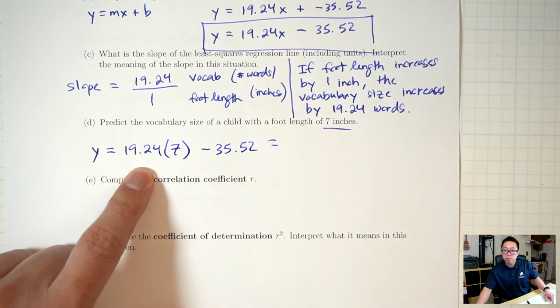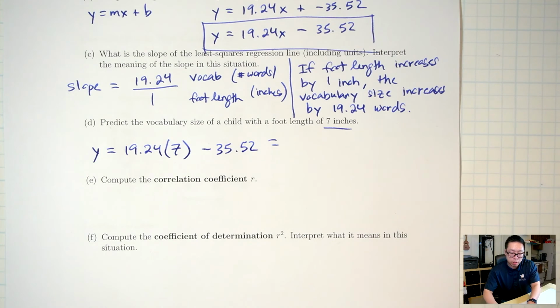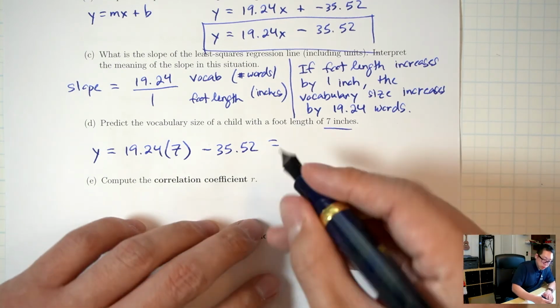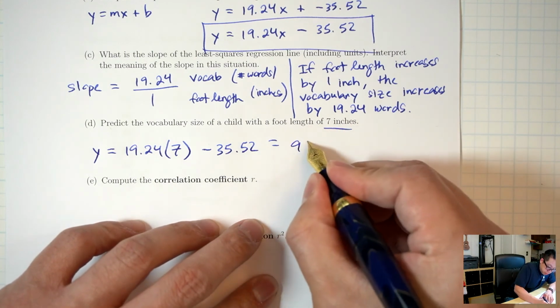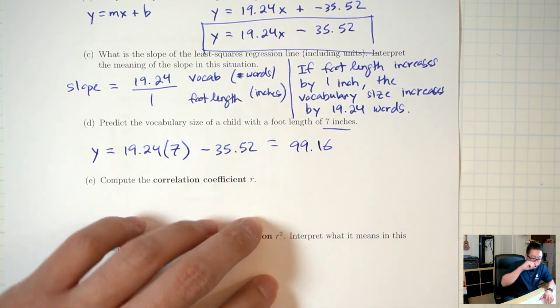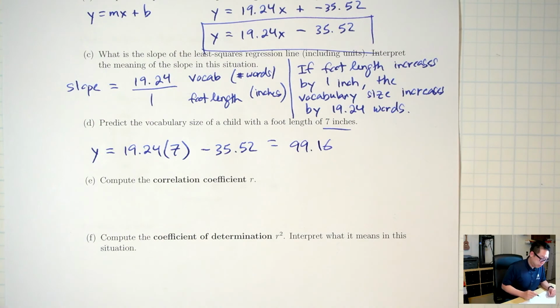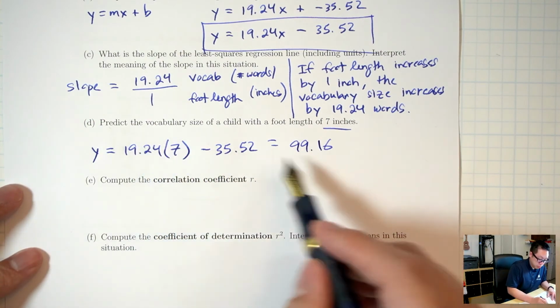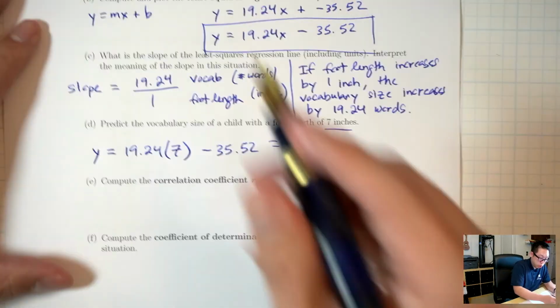That's 19.24 times 7 minus 35.52. 99.16. 99.16 what? This is supposed to be a vocabulary size, so words.